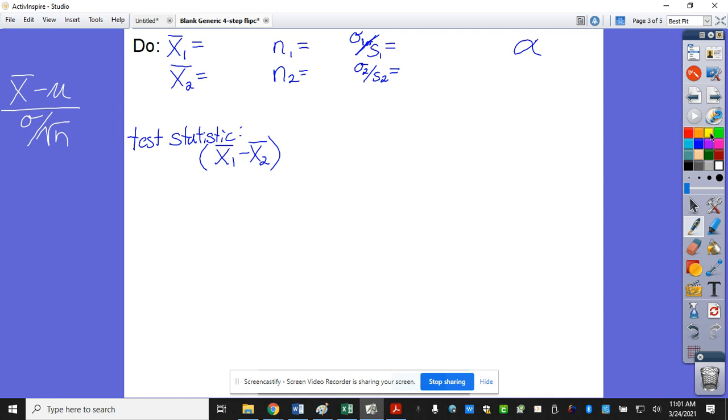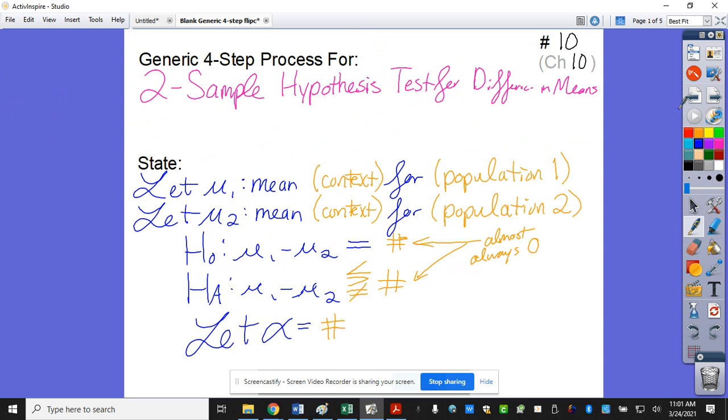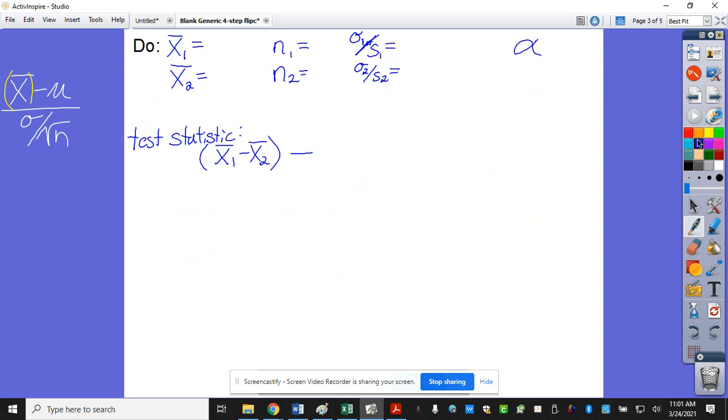So this part is like this. What do I put here? What am I claiming? 0 or some number, whichever way you want to write it. I'm going to come back and say usually 0.